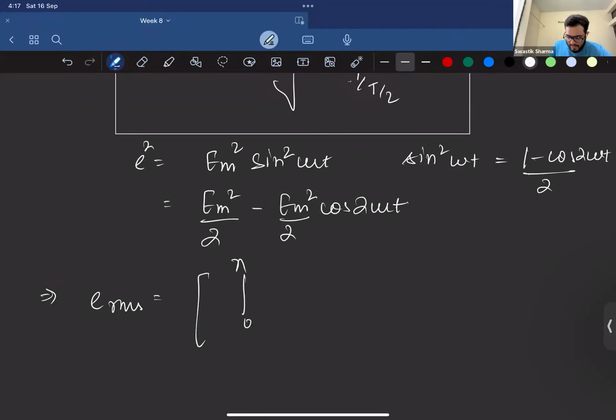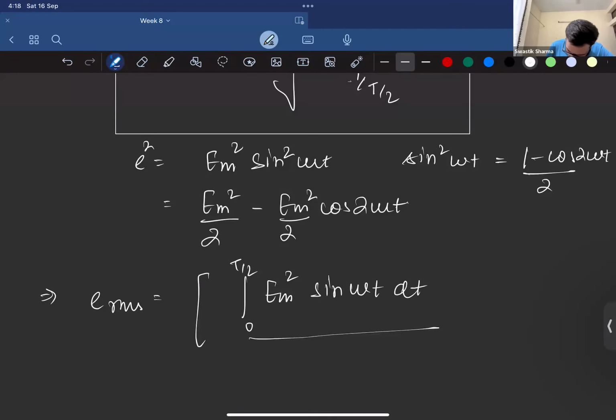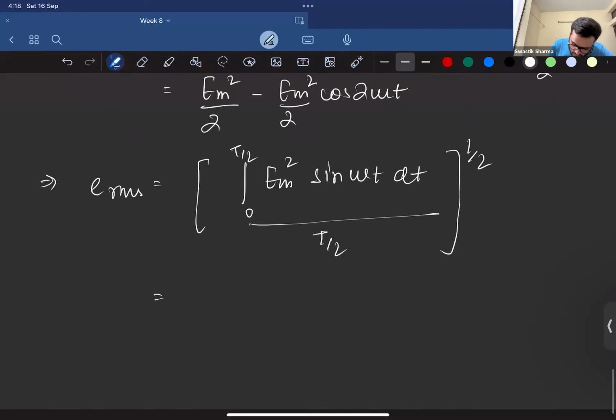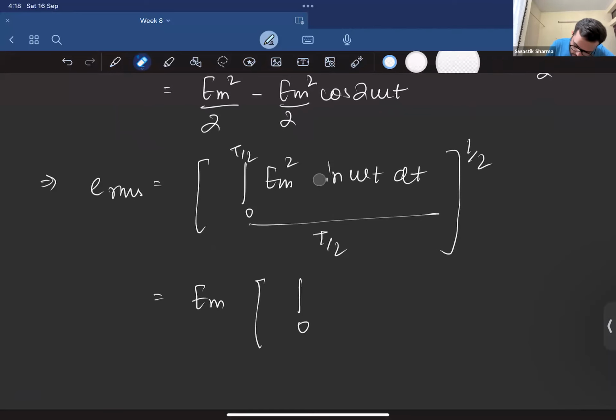We'll calculate till pi, and then let's keep it as T by 2 only. So Em we can keep outside.